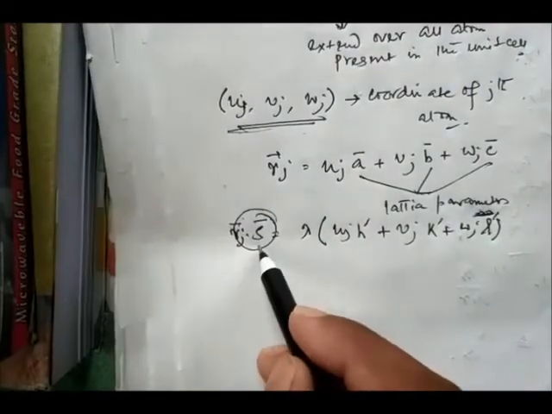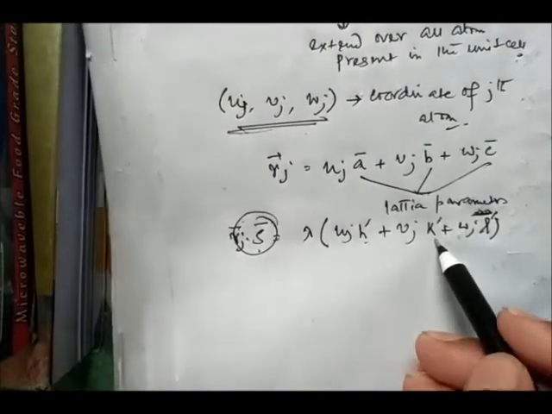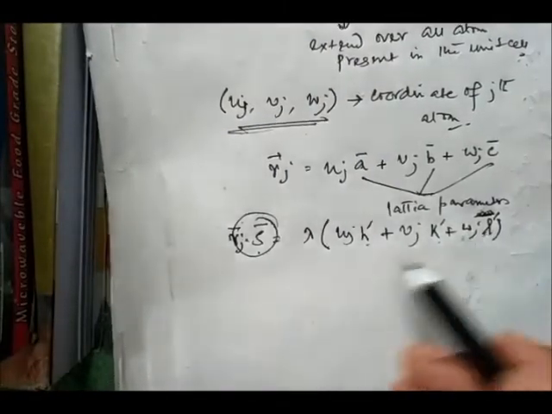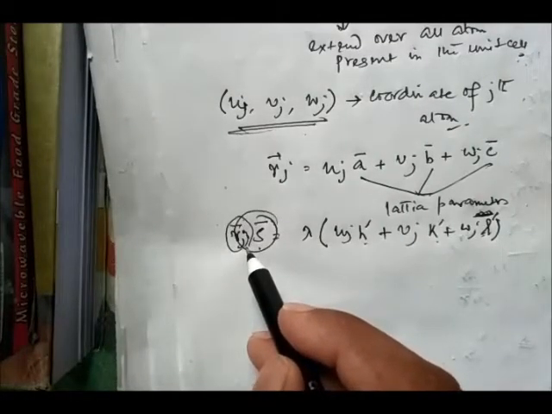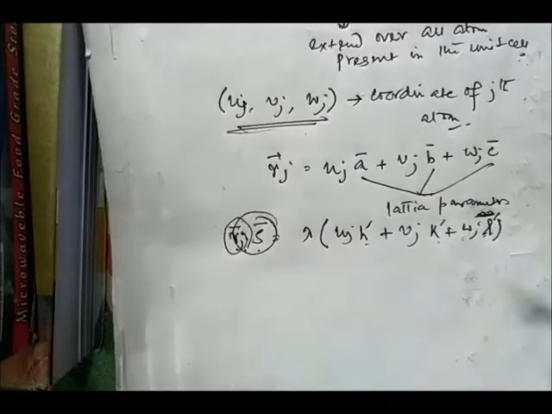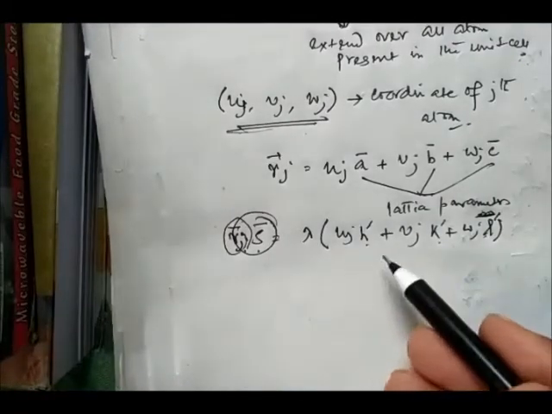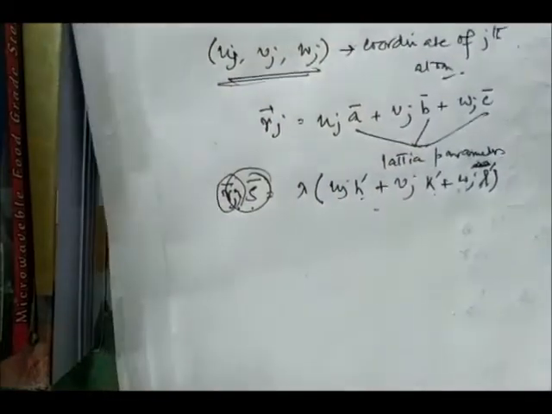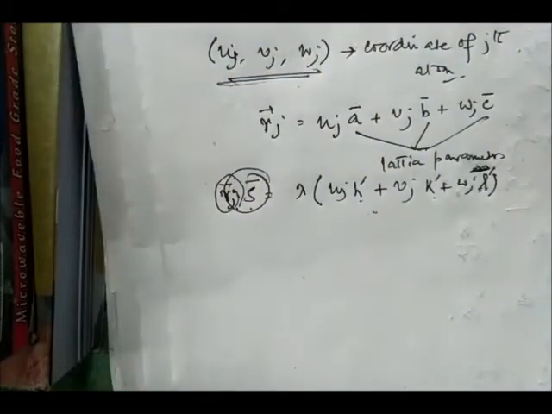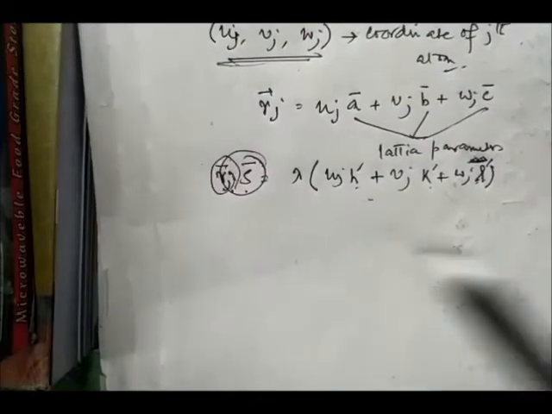So s is basically the perpendicular on this h', k', l' plane, and this rj is basically any arbitrary position vector of the jth atom. Now if you put the whole thing in the previous form of F, what you will get?